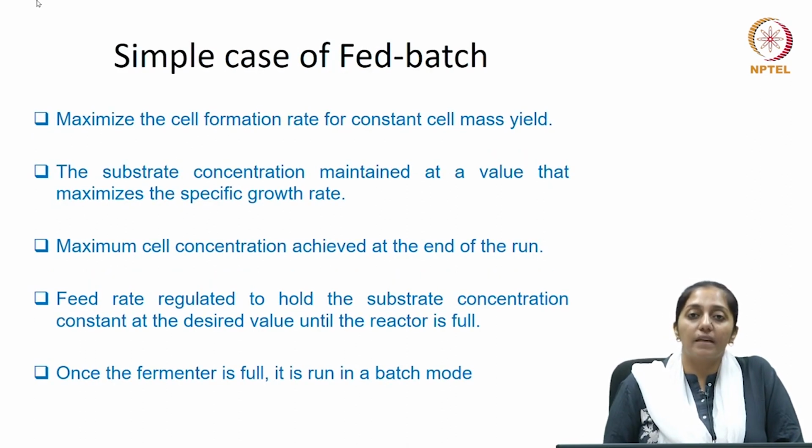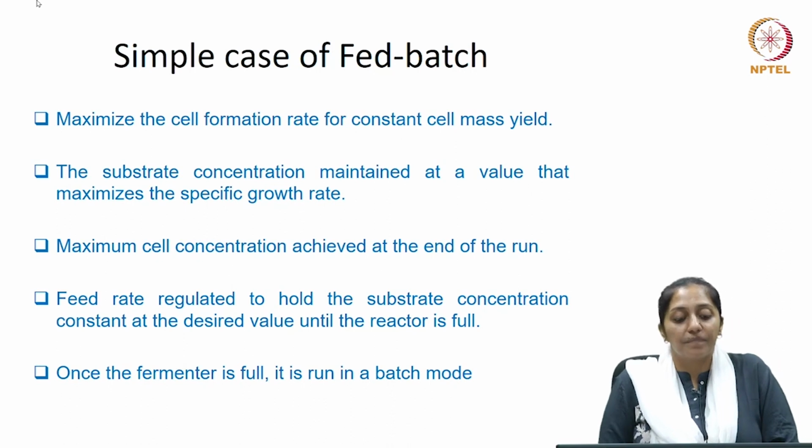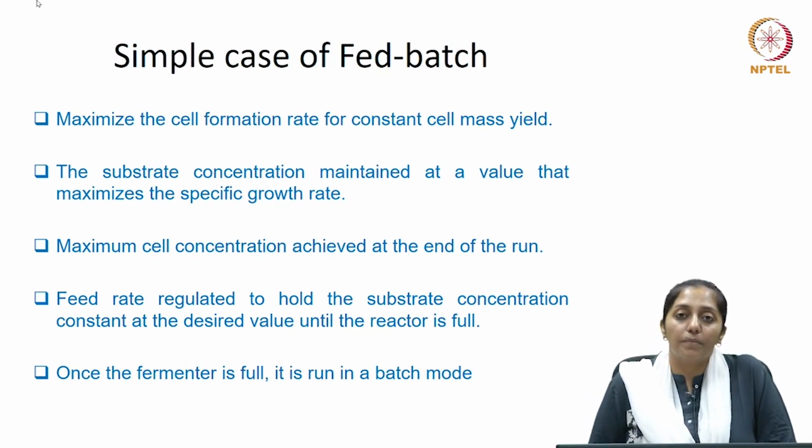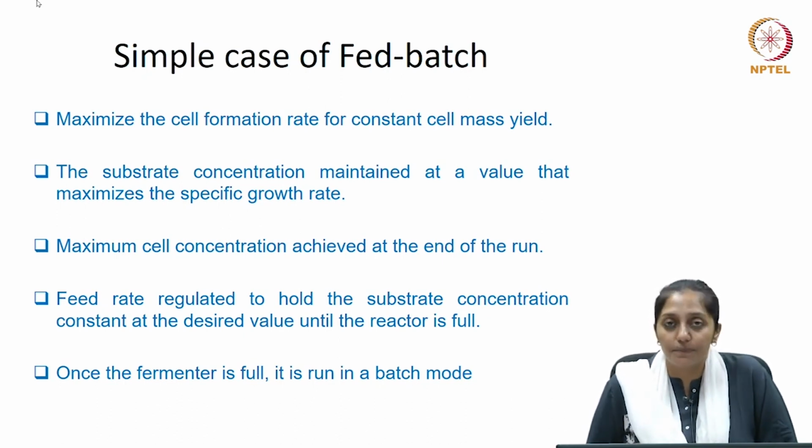Let us take a simple case of fed batch and try to design the fed batch kinetics. The objective of running a fed batch operation is to maximize the cell formation rate for constant cell mass yield.